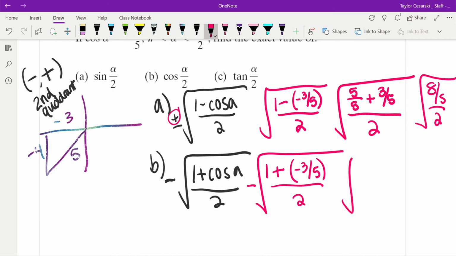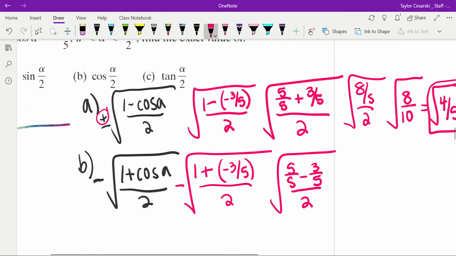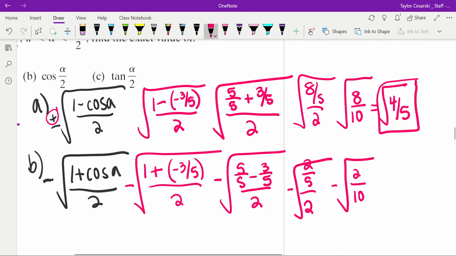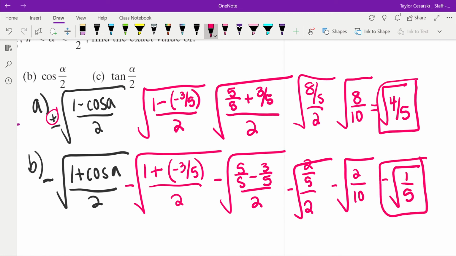So I have 5/5 minus 3/5 over 2. That gives me 2/5 over 2. And I'm going to keep that negative sign on the outside so I don't forget it. So negative 2 over 10. And that gives me negative square root of 1/5. And that is the cosine of A over 2.